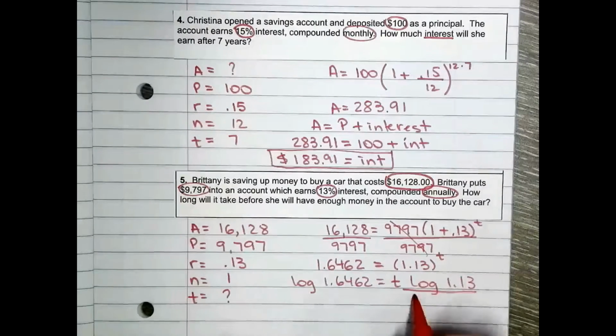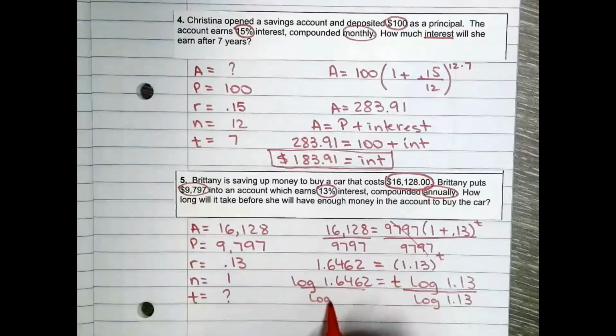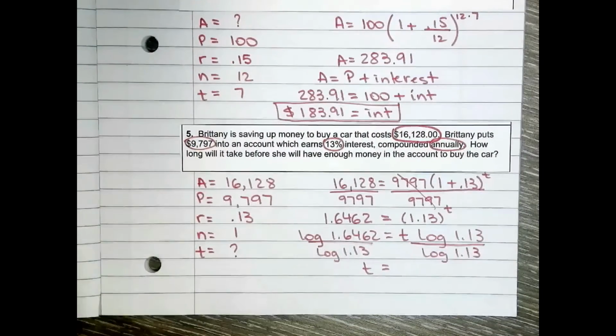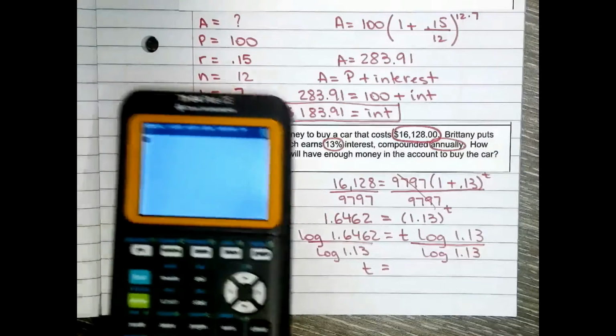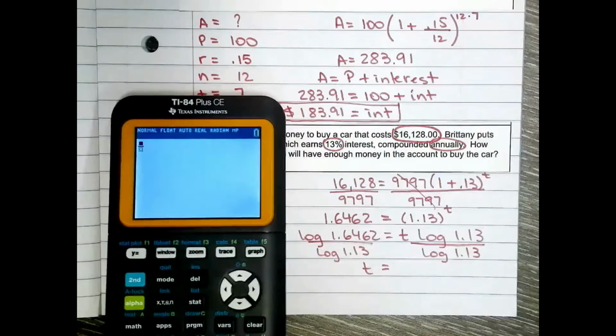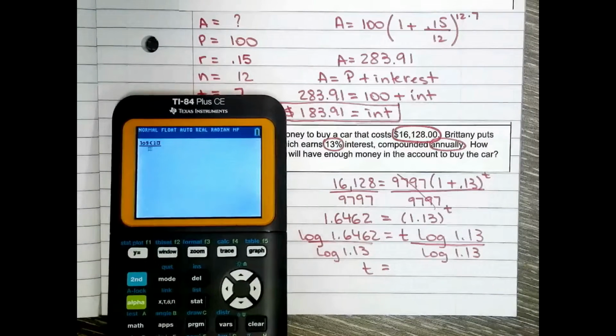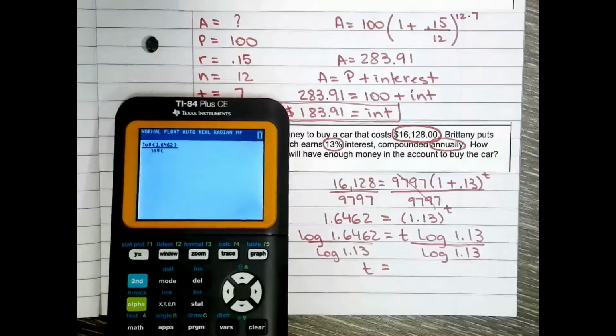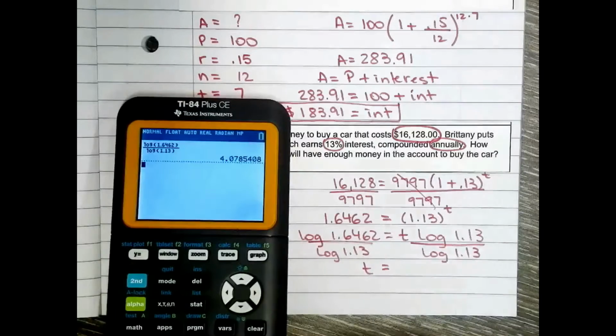Divide both sides by log 1.13. That will give you the time in decimal, and then I'll show you how to change that into years and months. So log divided by log of 1.13.